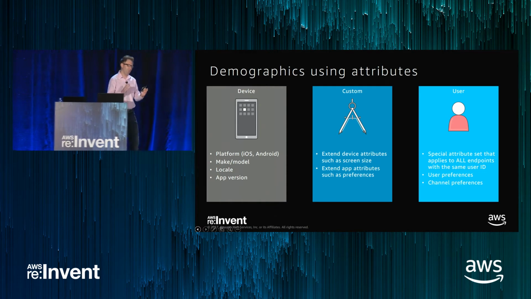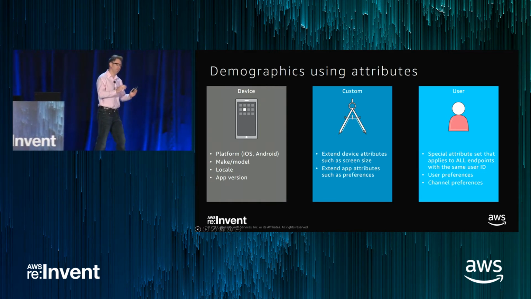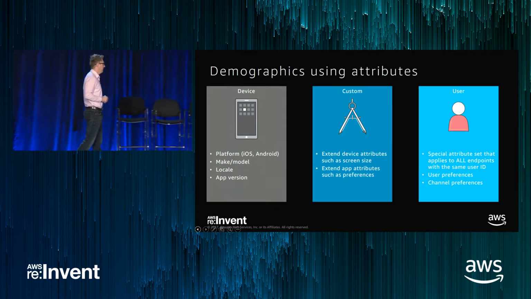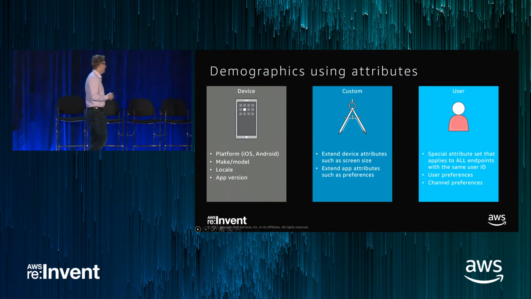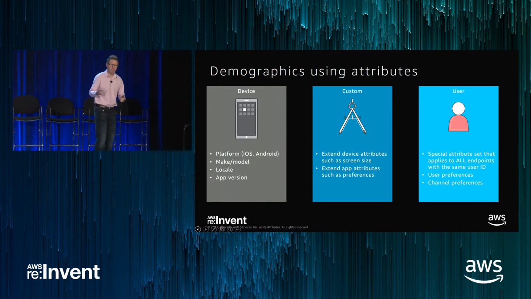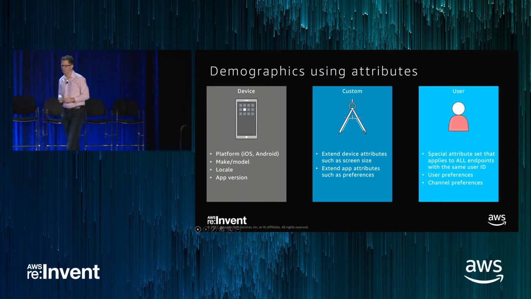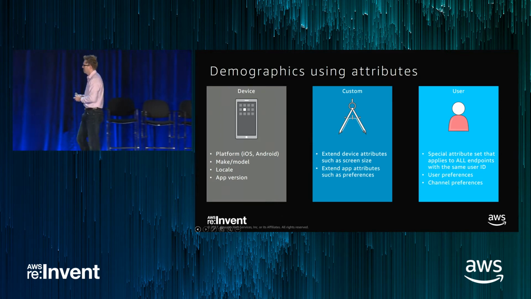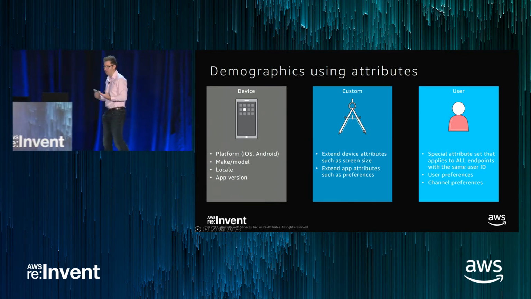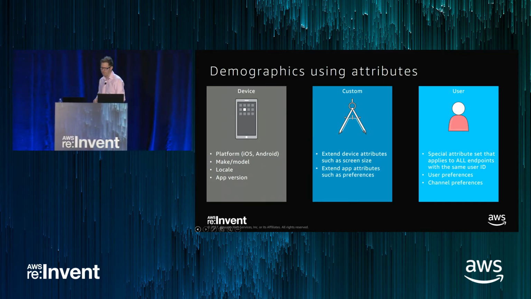But I'm going to switch away from talking about mobile apps at this point and start talking about how we run campaigns against emails or SMS. So with an email, obviously there isn't an SDK that you build into an email. So how do you get attributes? How do you assign attributes? And how do you target based on those?